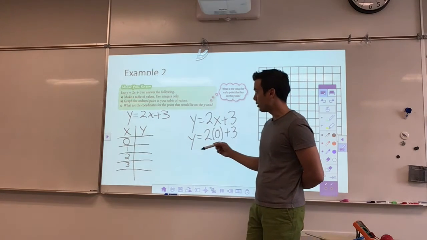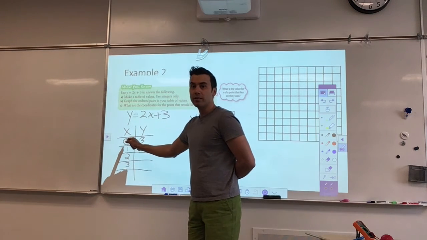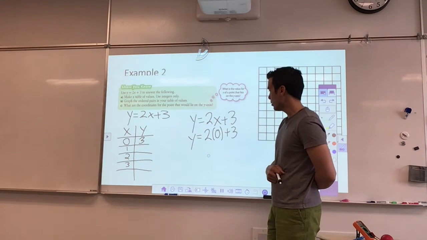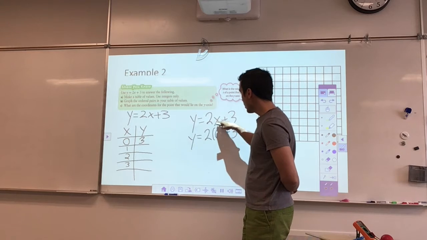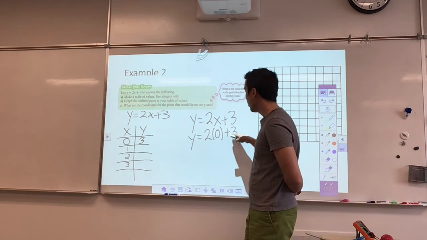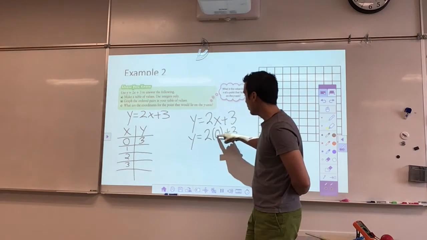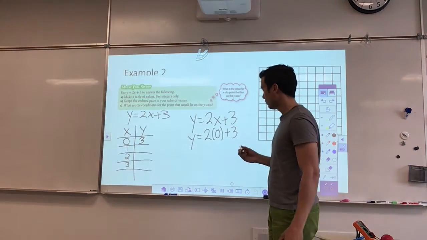What's 0 plus 3? 3. That's why I love x being 0 the best, because it's super easy to multiply things by 0. It's just 0. And so I used this equation to figure out what my y value is by substituting this x value wherever I saw an x.